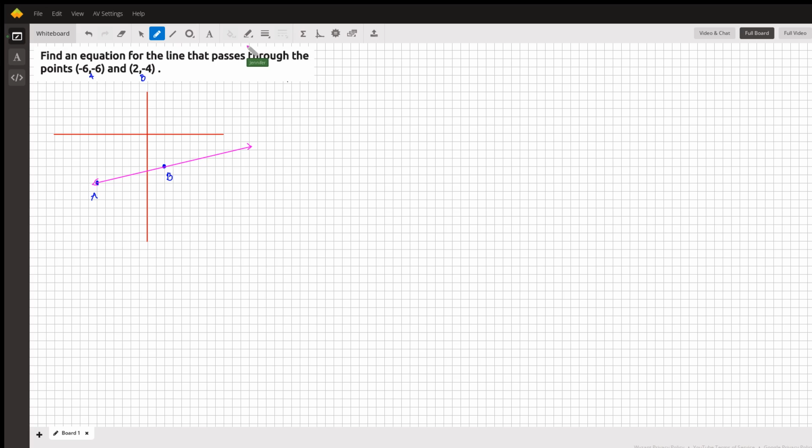So this is a line, so you have two ways to do it. You can either use the slope-intercept form, which is y equals mx plus b, if you know your slope and your y-intercept, or you can use the point-slope form, which is y minus y1 equals m times (x minus x1).